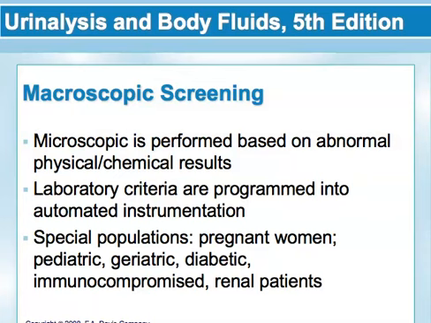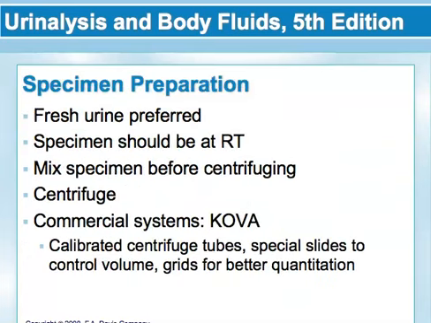So for example, a lab might determine every specimen from a pregnant female has to have a microscopic exam. So again, that kind of depends on the lab that you work in, the patient population that they typically see, and then the parameters that that lab has set up.